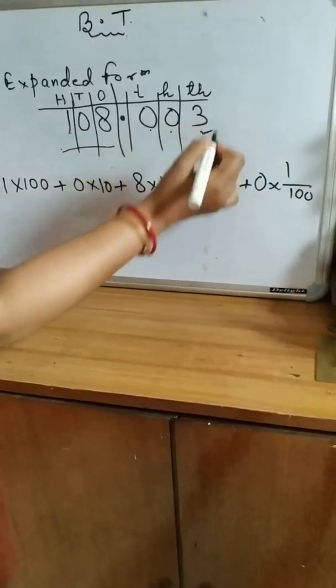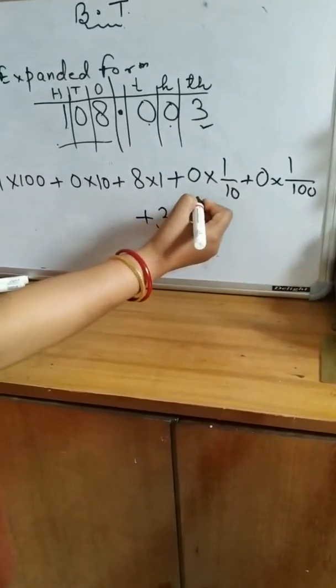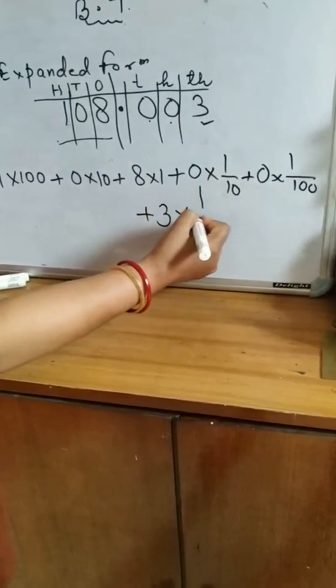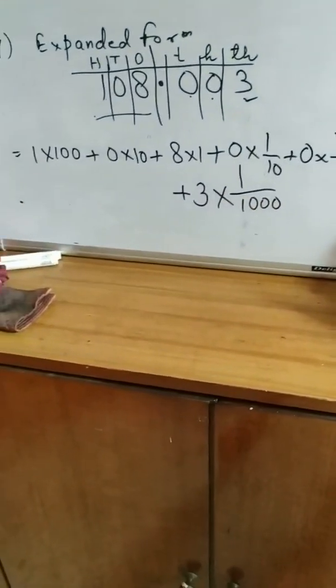What is the place value of this 3? Thousandth. So 3 times 1 by 1000. So this is the expanded form.